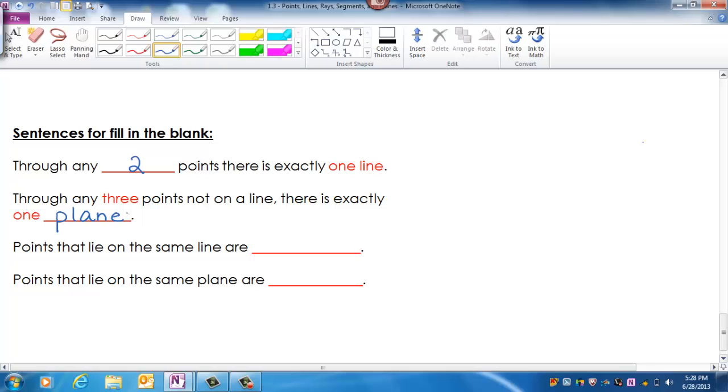So you need 3 non-collinear points to make a plane. Third one, points that lie on the same line are collinear. And points that lie on the same plane are coplanar.